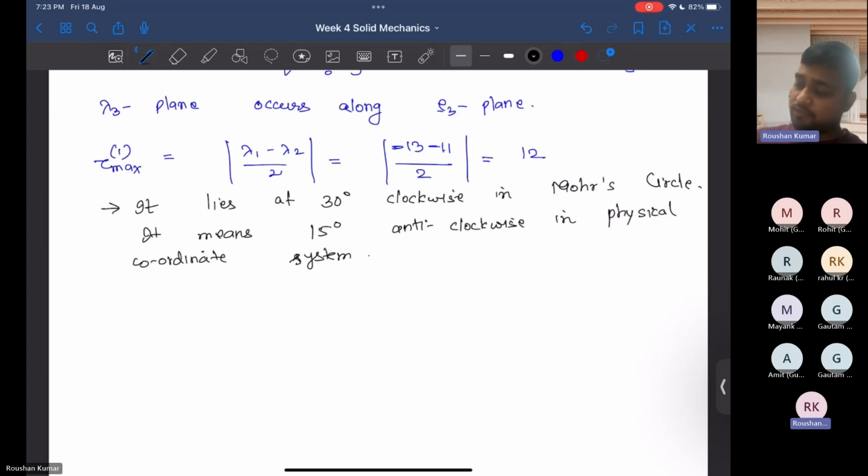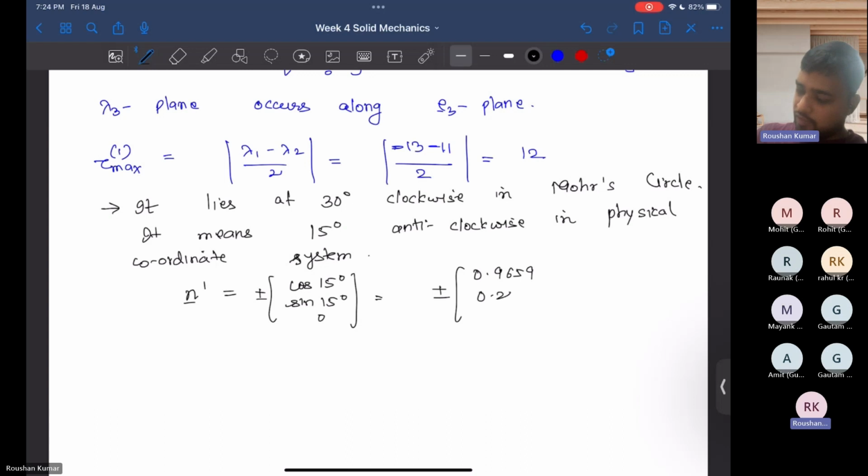And the component of that plane is given by n1 is equal to plus minus cos of 15 degree, sine of 15 degree, 0, that comes out to be 0.9659, 0.2588 and 0. So this is the first plane on which the maximum shear stress is acting.